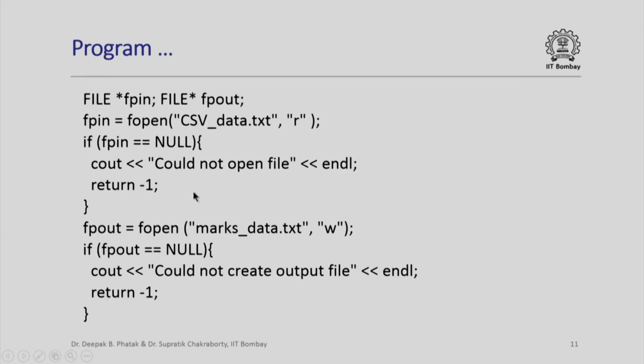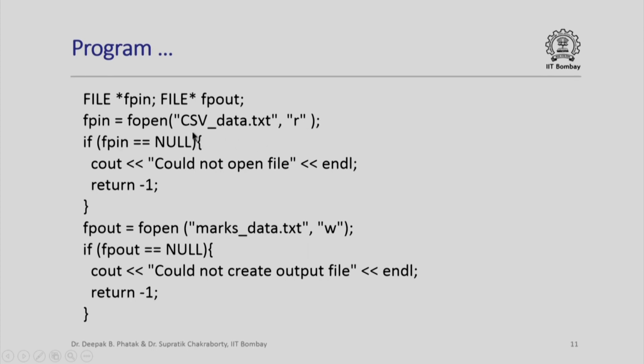First, some housekeeping about files. We declare file pointers, as you know, FILE *fpin, FILE *fpout. So, fpin and fpout are the names of the pointers which we shall use internally, but we must associate these names with external file names. This is done by the fopen statement, as you will recall. Here is fopen. So, we say fpin is equal to fopen("csv_data.txt", "r").